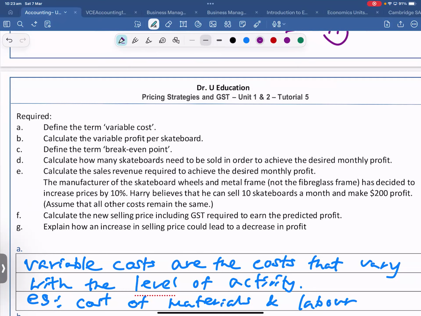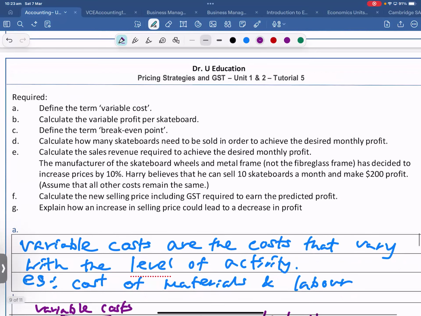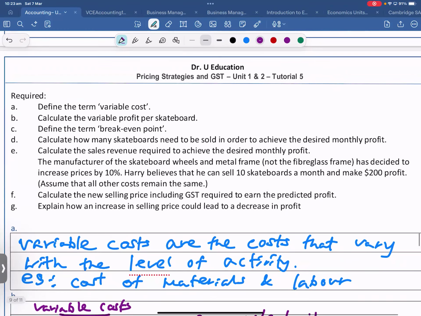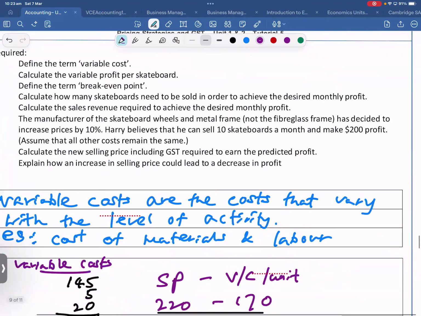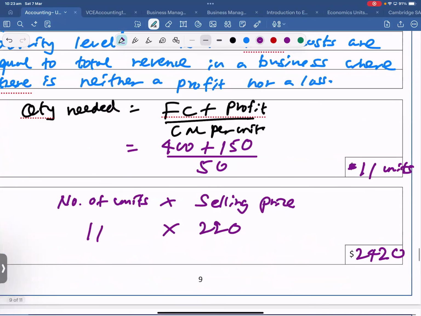Isn't it 170? No, 220, sorry, 220. Yes, good. So basically you're getting 2420.